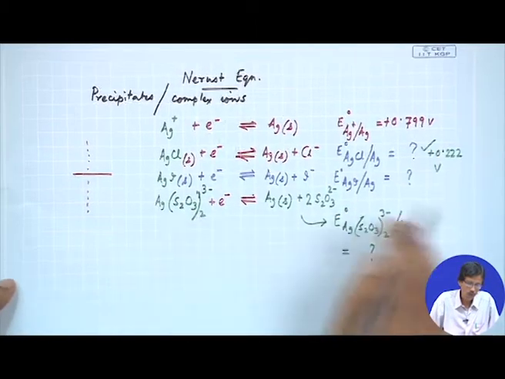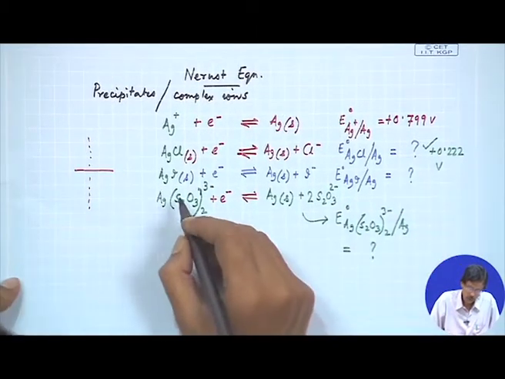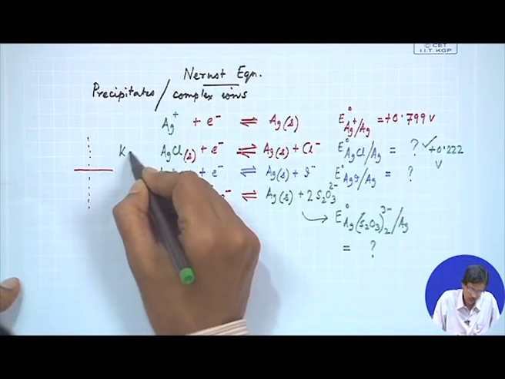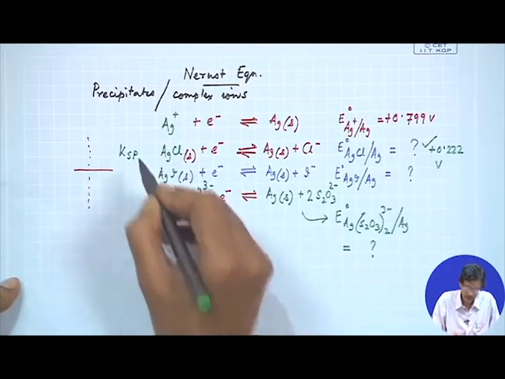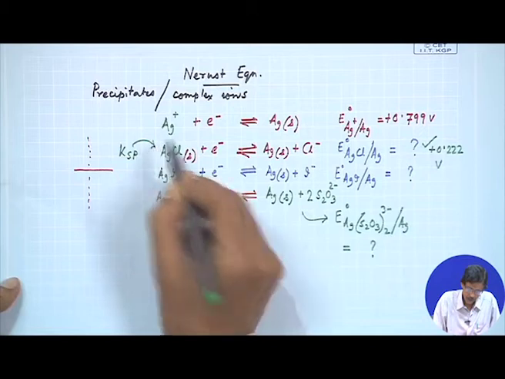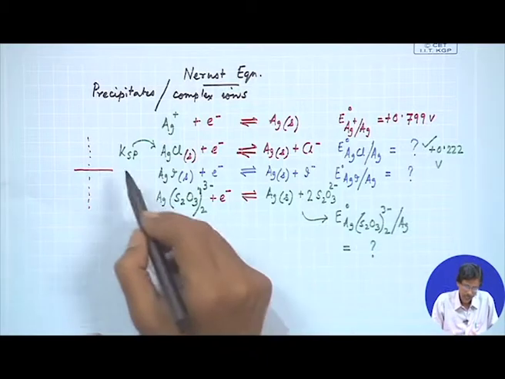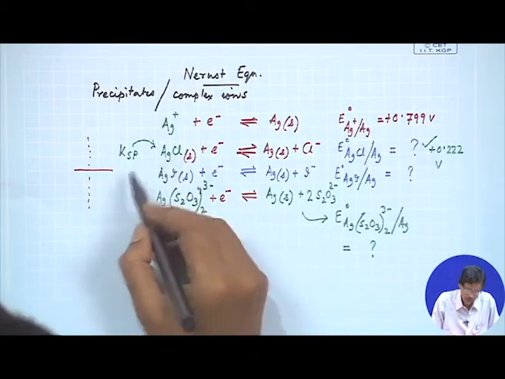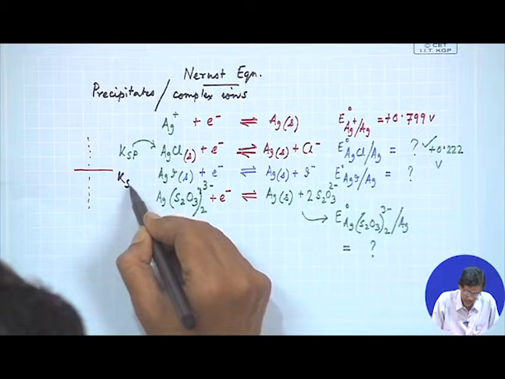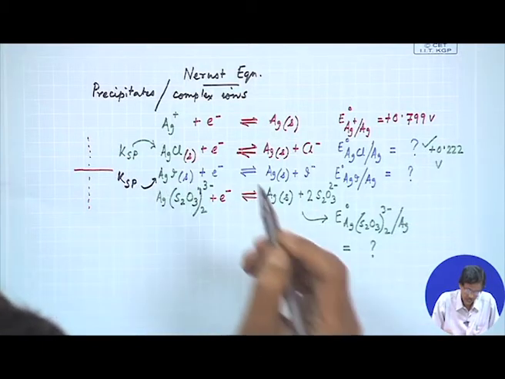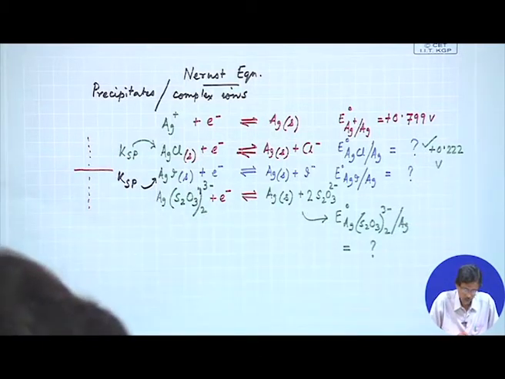From here we can go ahead and calculate. Similarly, as we are looking for the corresponding Ksp value of silver chloride, we introduce in the Nernst equation the parameter Ksp value. Similarly, another Ksp value, which is different from that of silver chloride, will be used for this.